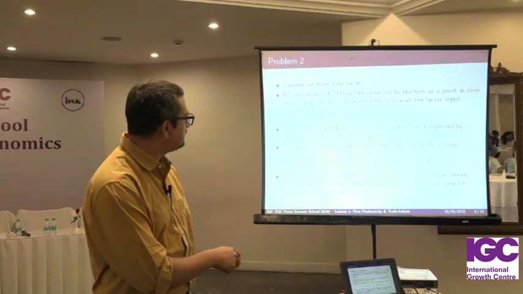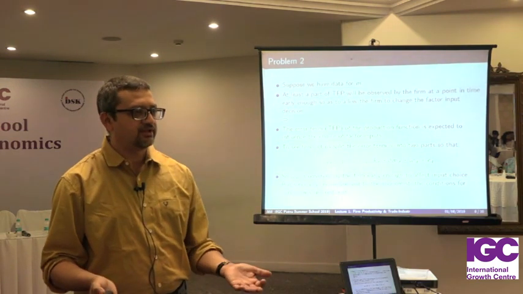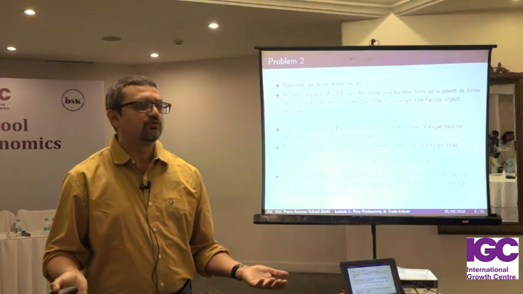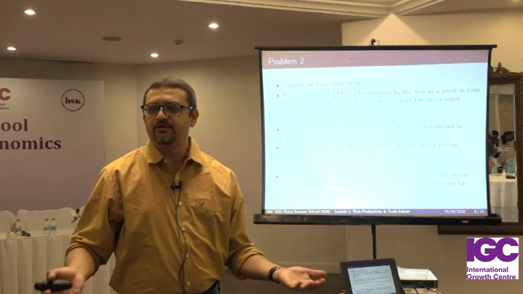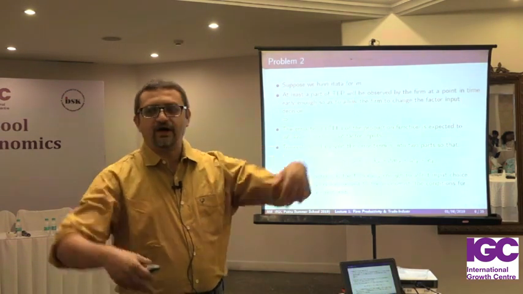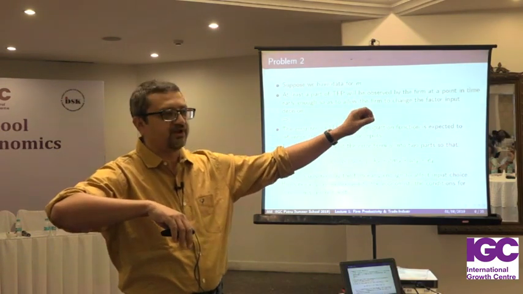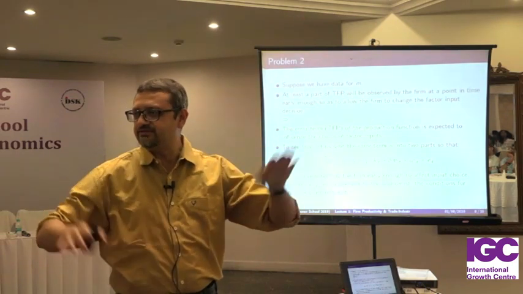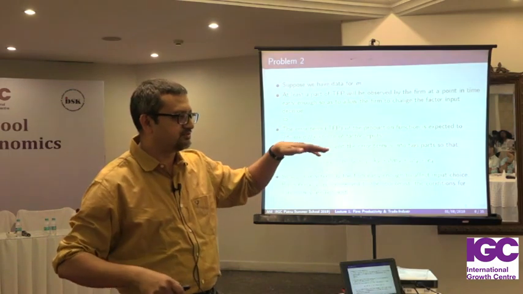You are using variation in, let us say, L across firms over periods of time. So, what are you comparing? You are comparing different firms, right. You are saying one firm has more labor, another firm has less labor, firm 1 in period 1, firm 2 in period 3, or everything. You are looking at the difference, and then looking at this variation is giving you something about how output changes.